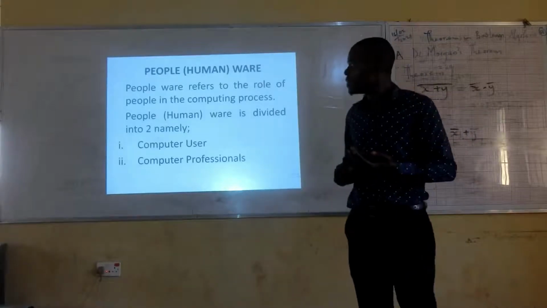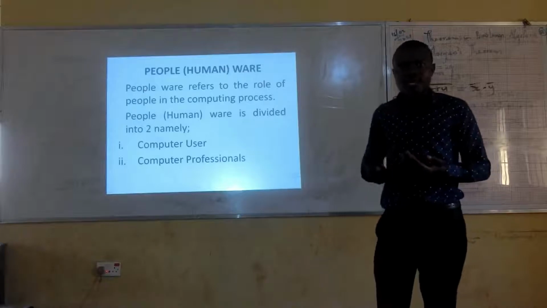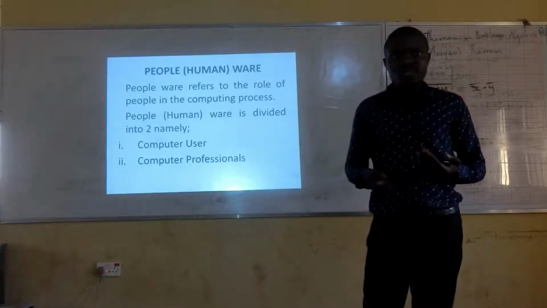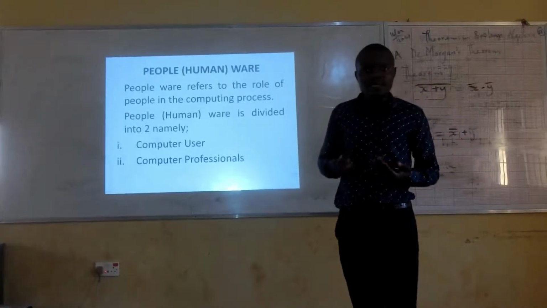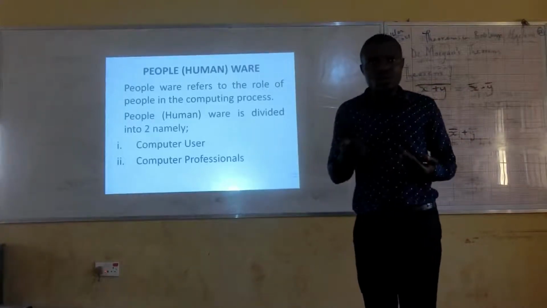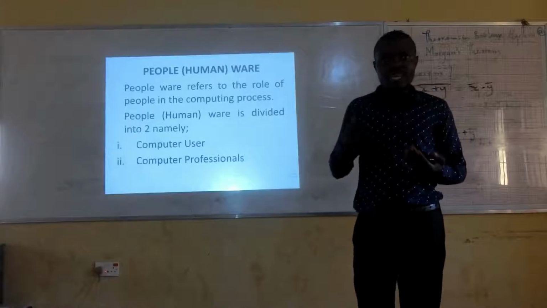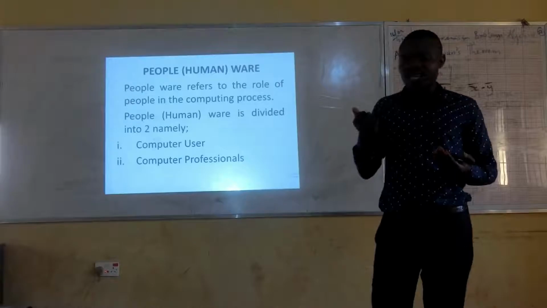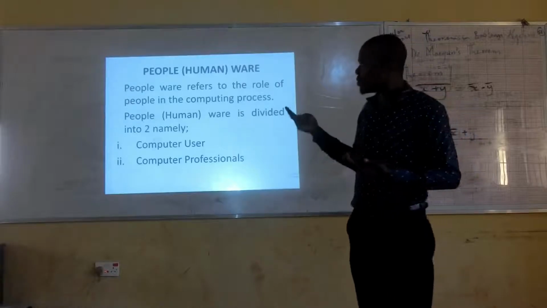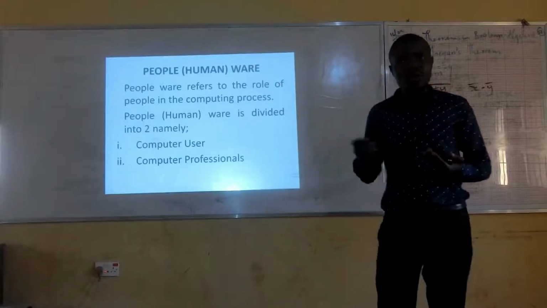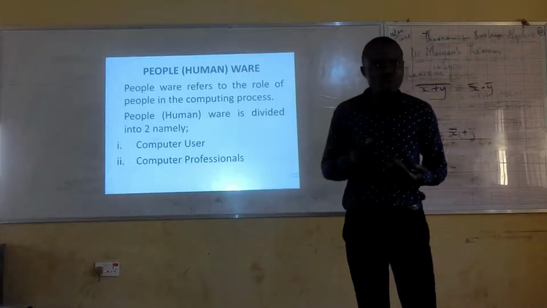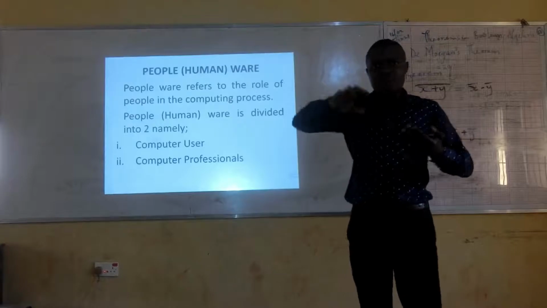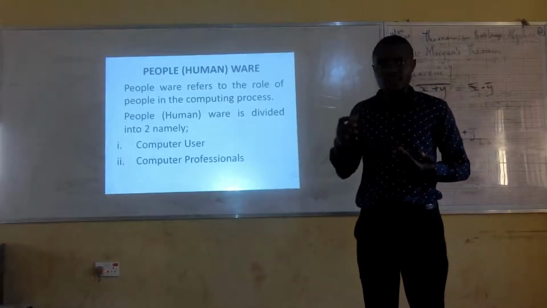Peopleware. Peopleware referred to as the user of the computer. Though the computer on its own cannot work without somebody to operate it. So there are two categories of people that fall under peopleware or humanware. We have the computer users, which every one of us is part.